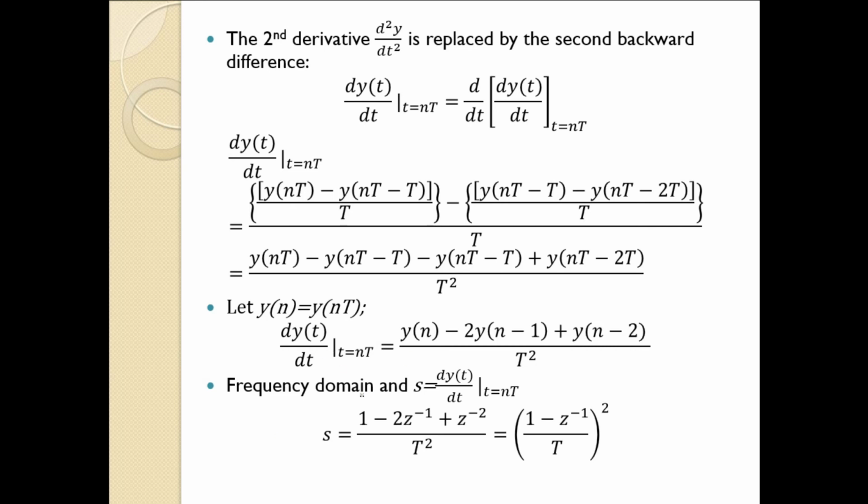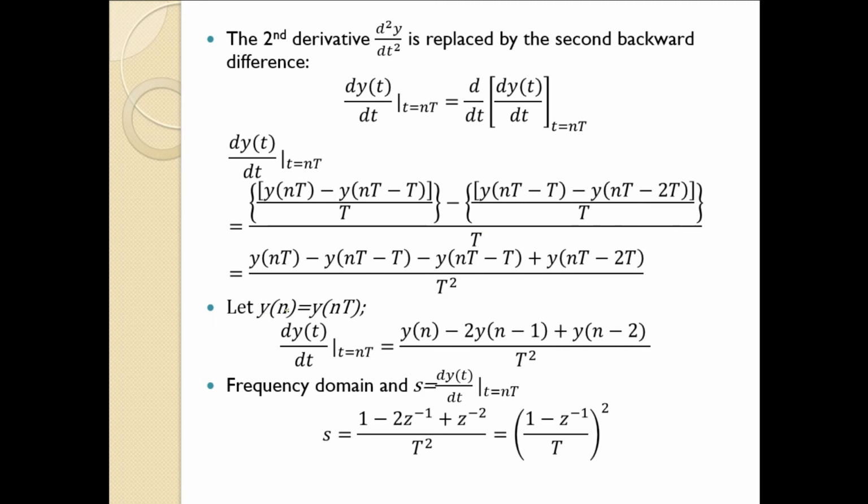So when we do this one, we will have this equation. You do your differentiation, right? We will get y(nT) minus y(nT minus T) for this part, and minus y(nT minus T) plus y(nT minus 2T). So this one is the first difference, this one is the second difference, and divided by the total T. So this T we can take up, we multiply with 1 over T, and we will get T square.